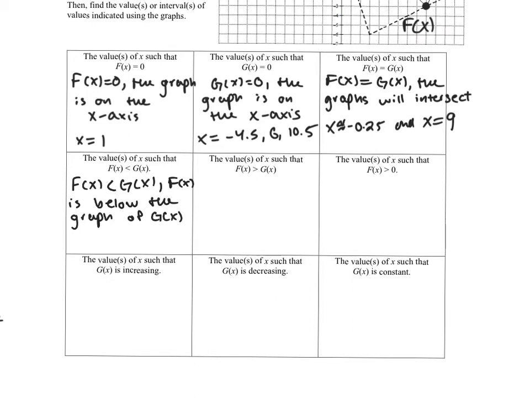You could pause and look at the graph if you'd like, but since we got it cut out, I'm just going to tell you. It's over 2 intervals: negative 1.25 to 9 and 9 to 11. 11 has a closed bracket because our graph ends when x is 11.